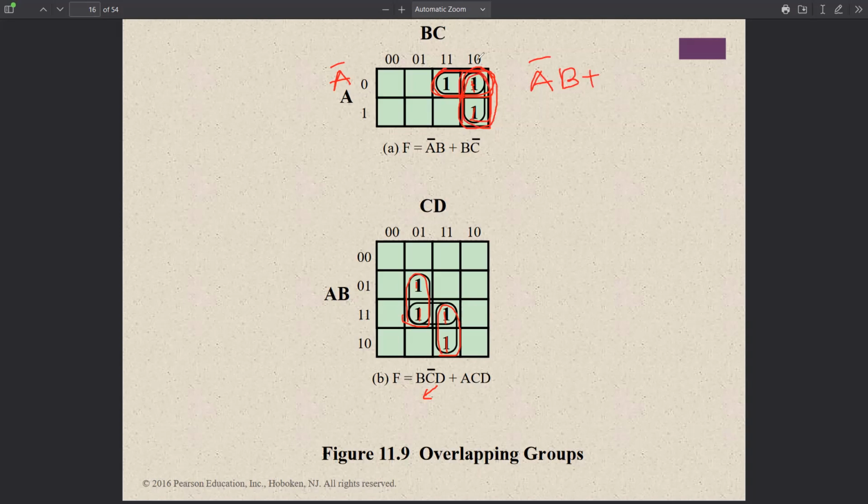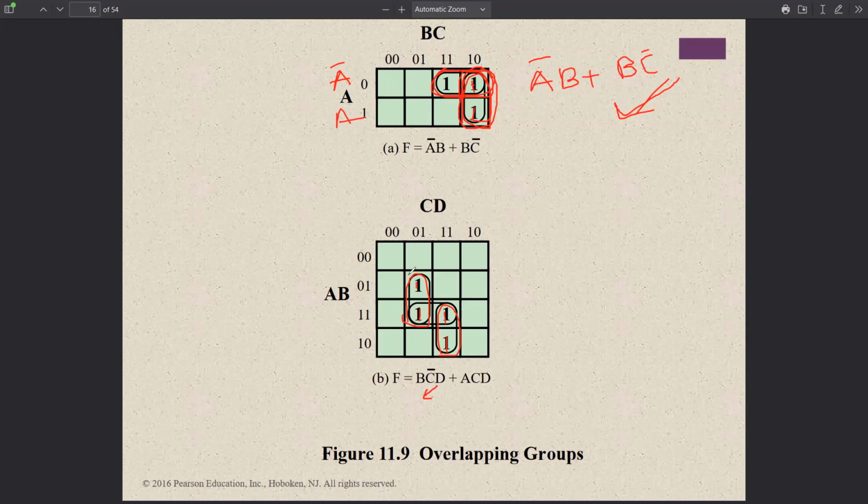This one is B, C bar, and A is changed. Here it is A bar, here it is A. So our answer is A bar B plus B C bar, right?